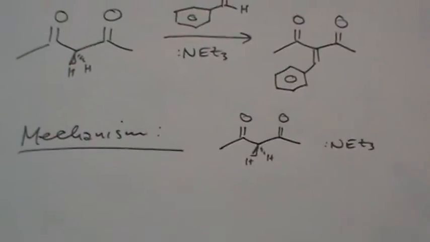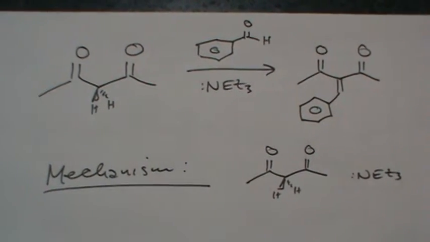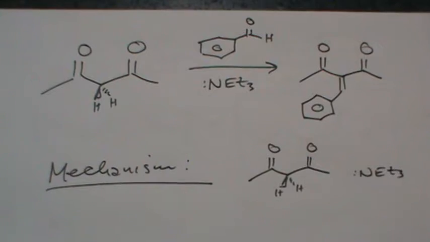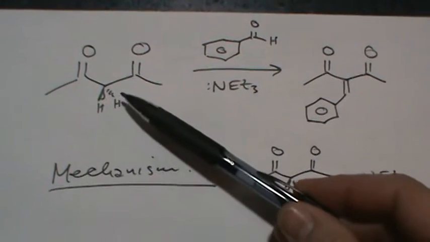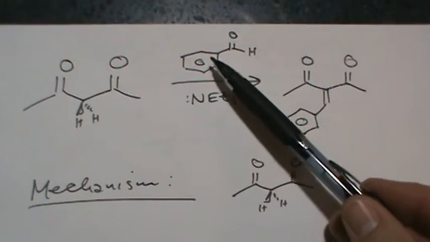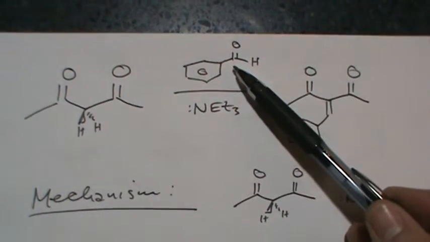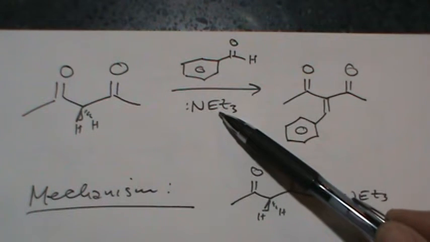Okay, let's look at a typical Knoevenagel-type condensation. We're going to take one of these molecules which have unusually acidic protons, like this beta-diketone. We're going to allow it to react with an aldehyde or a ketone, in this case an aldehyde, benzaldehyde. And our base is a relatively weak one, triethylamine.